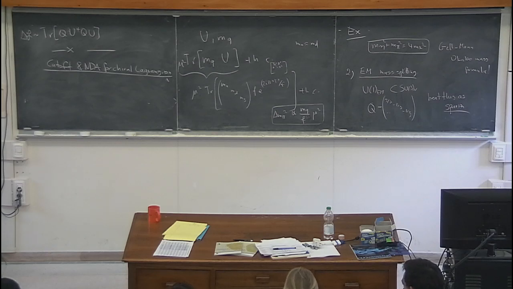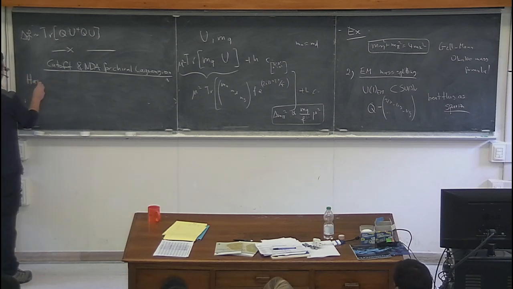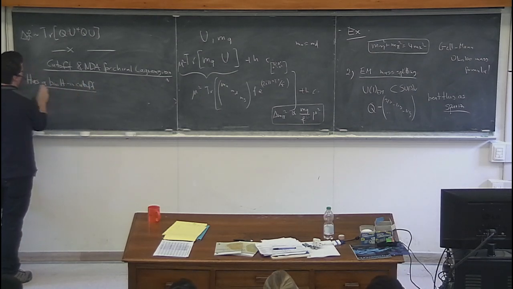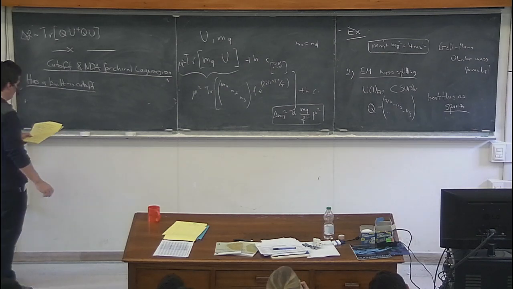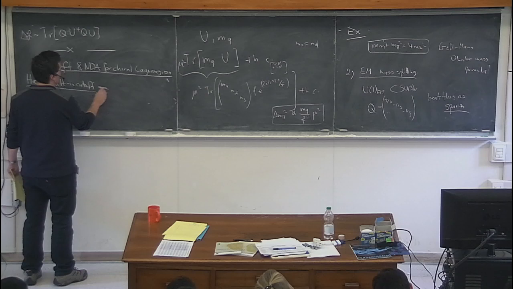It has a built-in cutoff scale, because I eliminated the radial degrees of freedom, the heavy degrees of freedom from the theory. So it has a built-in cutoff. And the question is, what is that cutoff? How high can it possibly be?